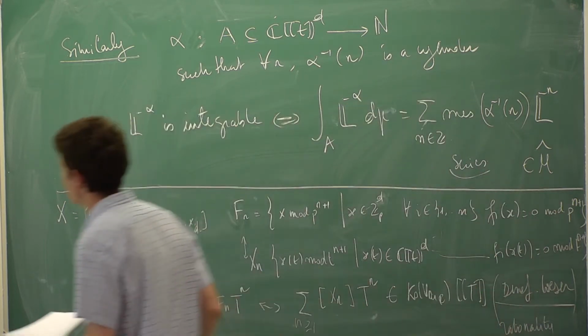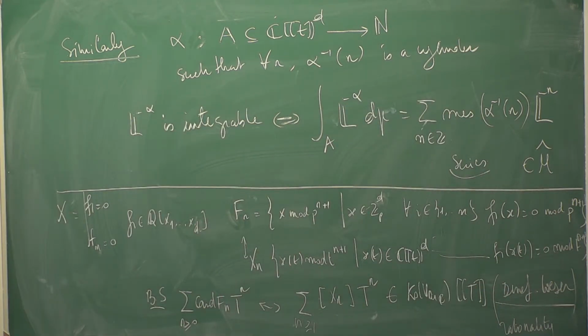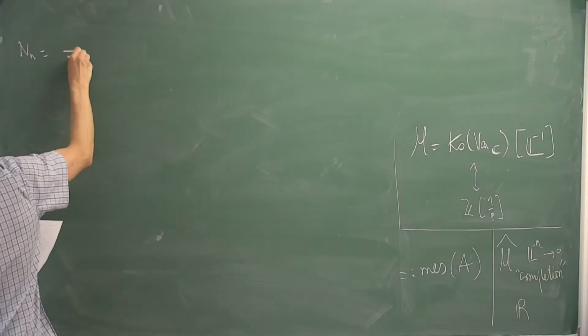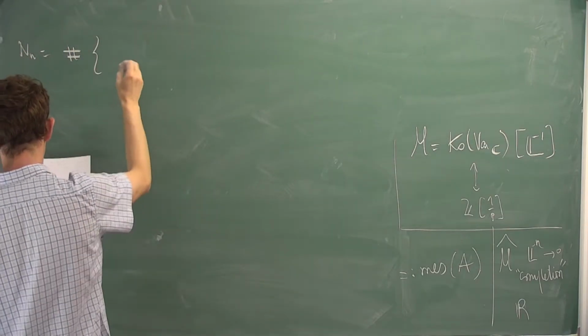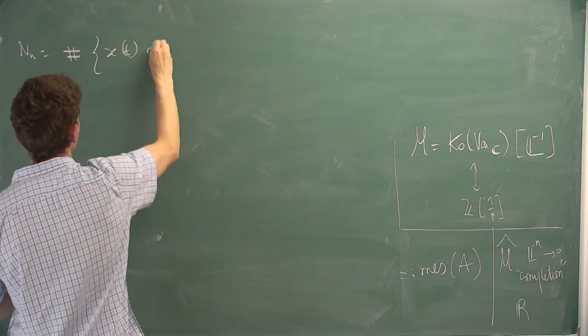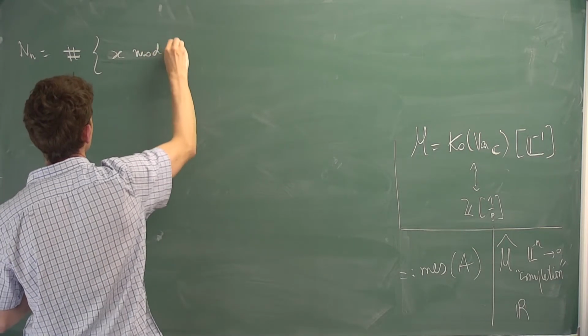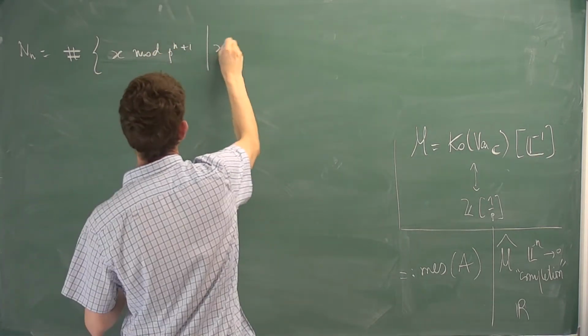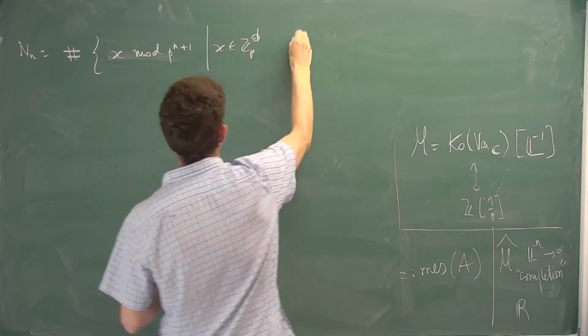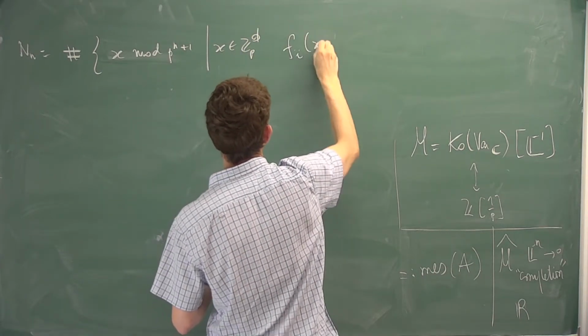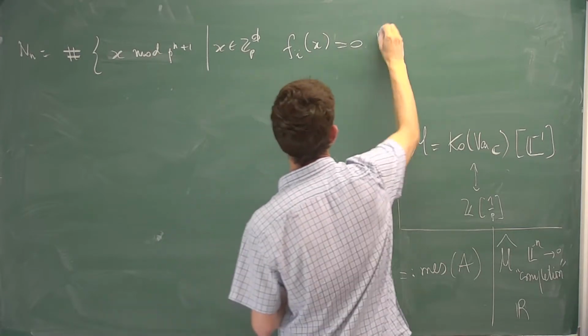But also you have an analogous program introduced by Serre and Oesterlé, which is you consider N_n, and you look at the cardinal of X such that X is in Z_p and f_i of X is equal to 0 for any i.